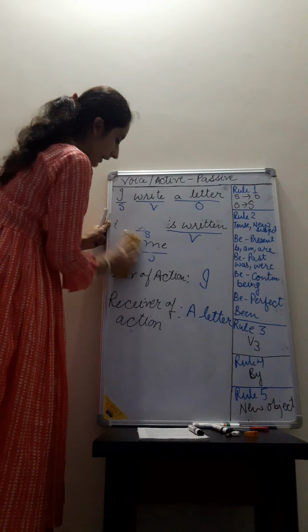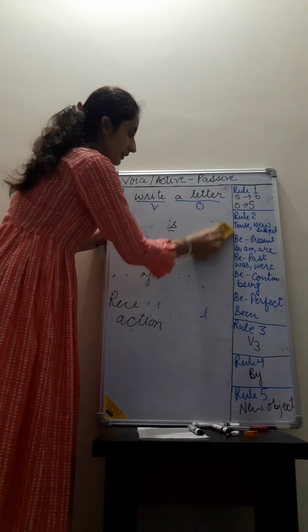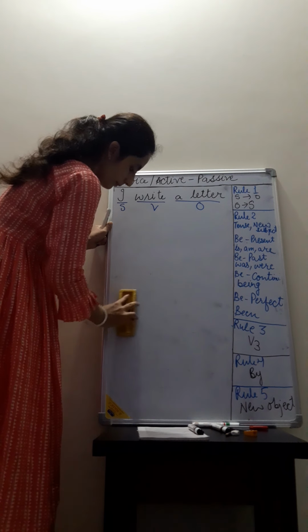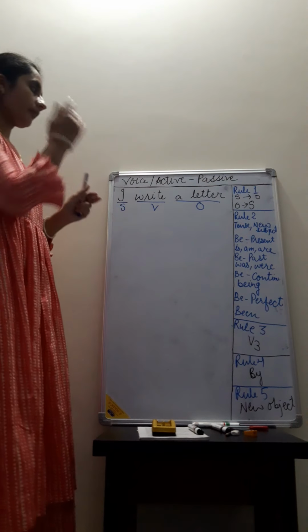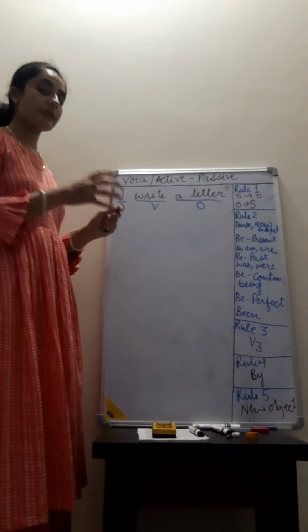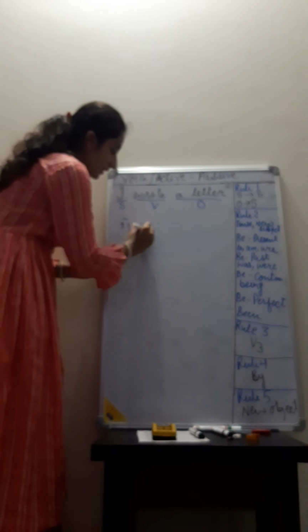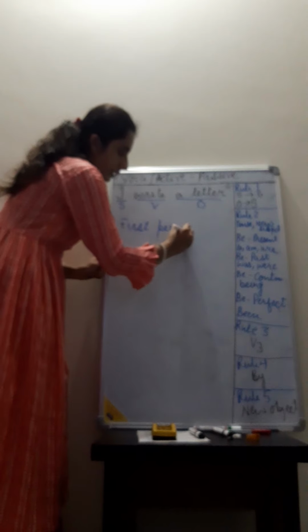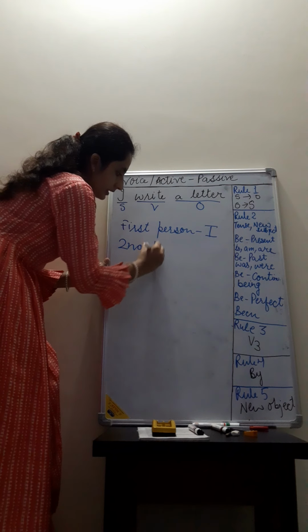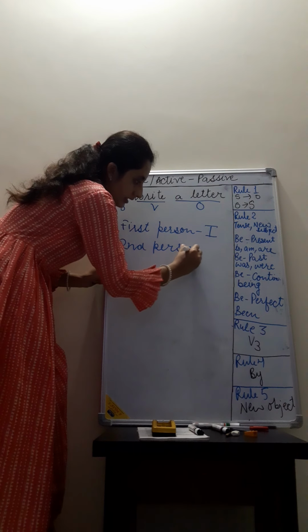I need to erase these so that we can learn how we can change active sentence into a passive sentence. Okay, before moving on, I need to discuss one thing with you. I is the subject here, which is in the first person. I hope you know what that is. First person is I. Second person is you.